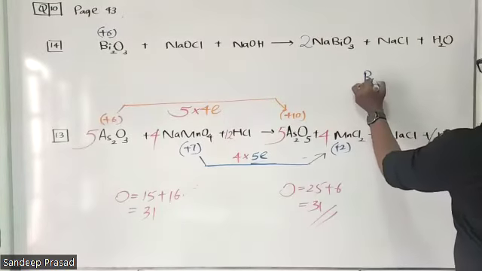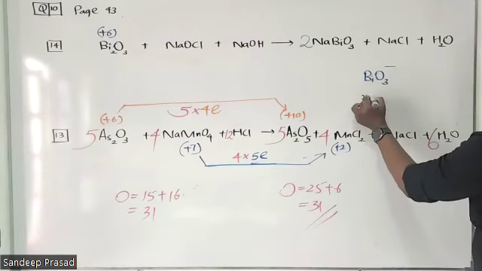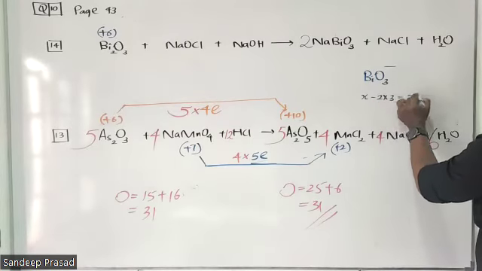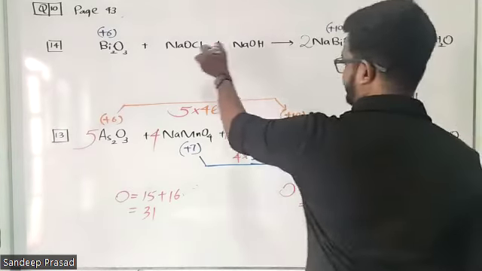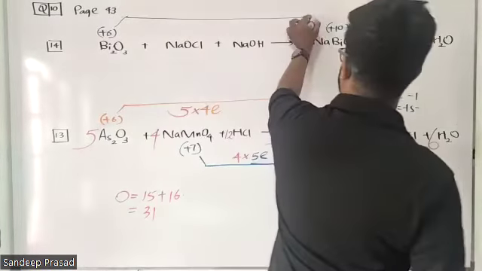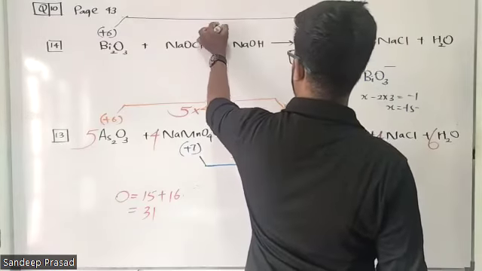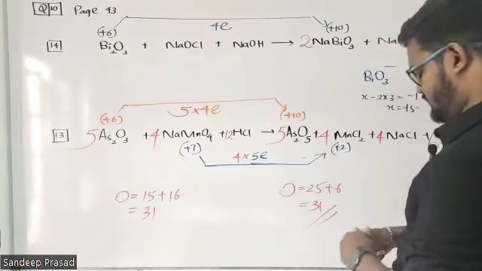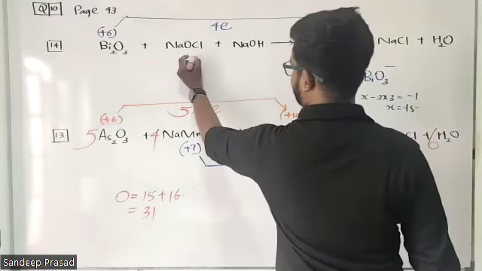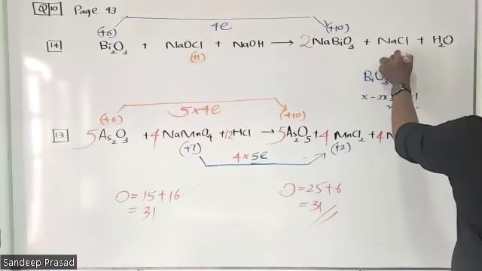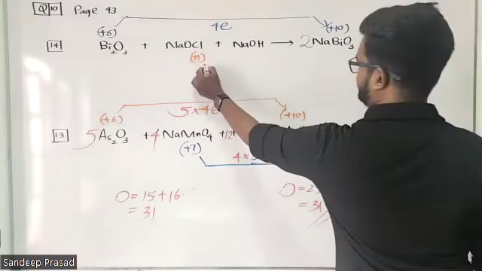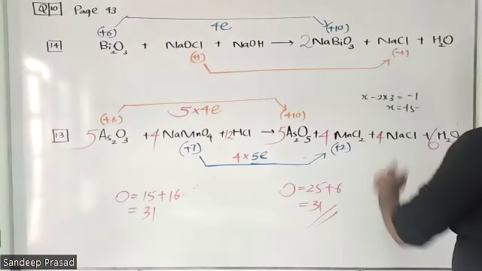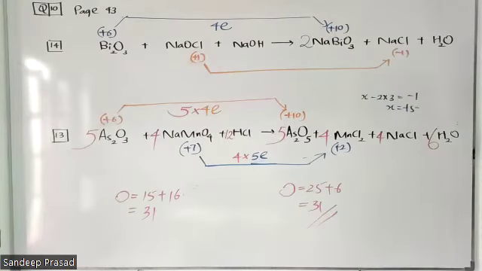In NaBiO3, x minus 2 into 3, summation 0, x equals +5. So therefore +10. +6 to +10, increment of the oxidation number is 4. Here chlorine's oxidation number is +1 and here chlorine's oxidation number is -1. +1 to -1, you can see that decrement is 2.